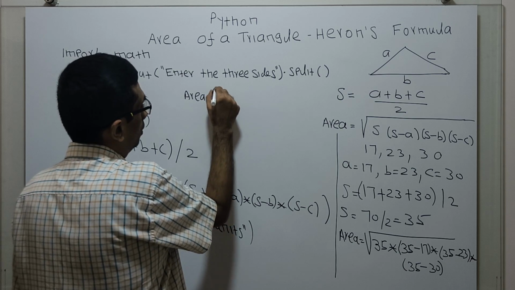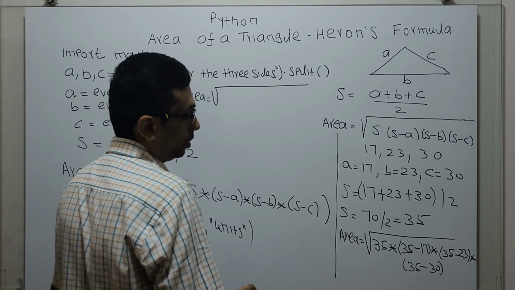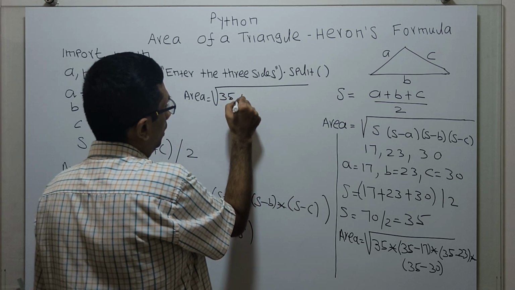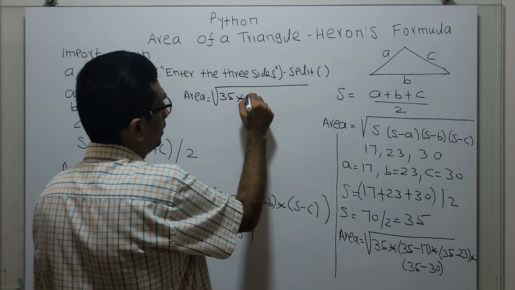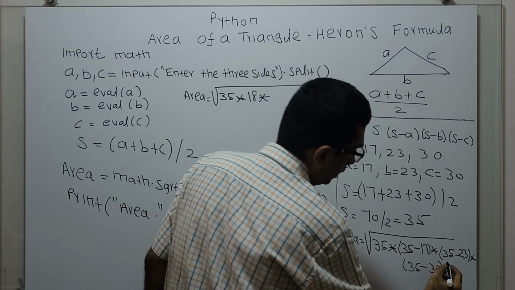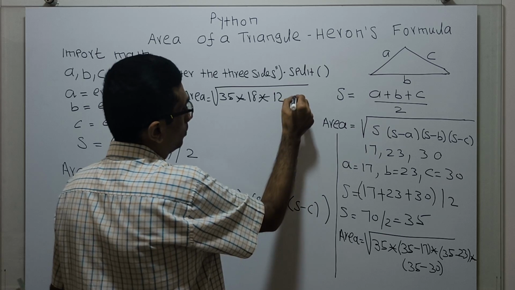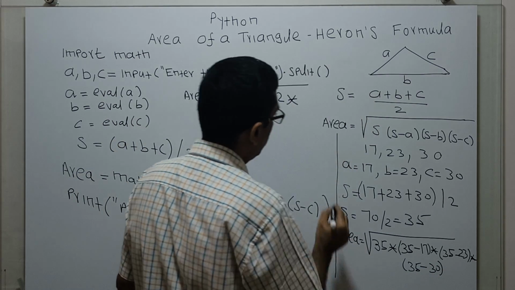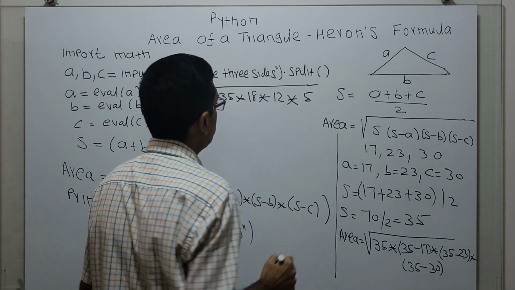Area equal to square root of 35 multiplied with 35 minus 17 is 18, multiplied with 35 minus 23 is 12, multiplied with 35 minus 30, which is 5.